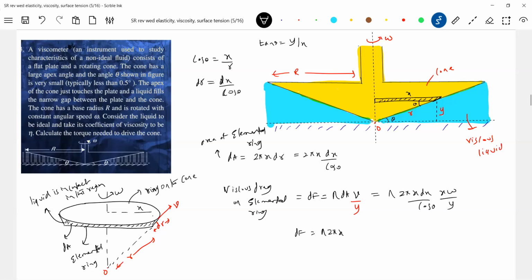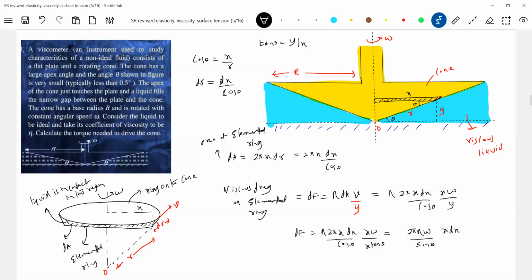Eta 2 pi x dx cos theta x omega, Y I'll write as x tan theta. So 2 pi eta. What all will get eliminated? Omega. Cos theta into tan theta will be sin theta x dx. This is the viscous drag force on the elemental ring.